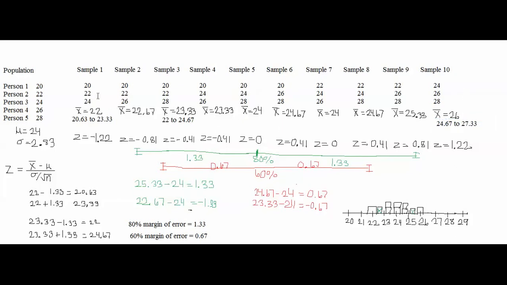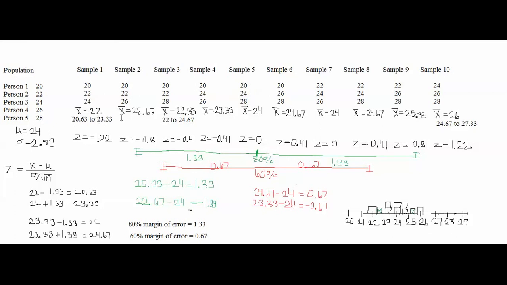And notice when we did this with a sample that was below the middle 80%, meaning below sample 2, we got a confidence interval that did not include the population mean of 24. So the population mean isn't inside of this confidence interval.